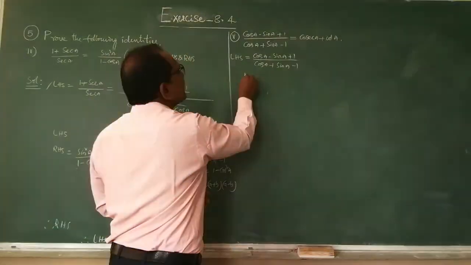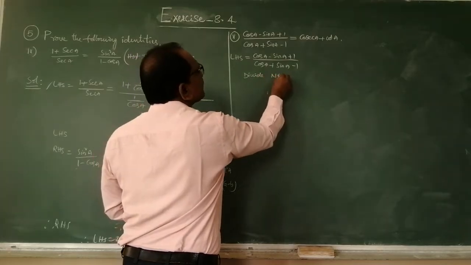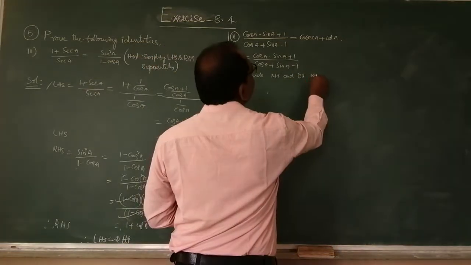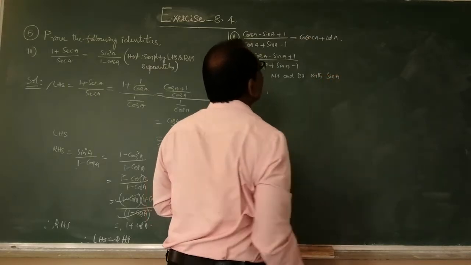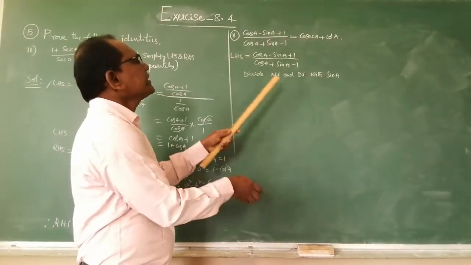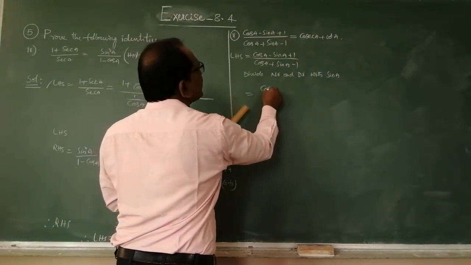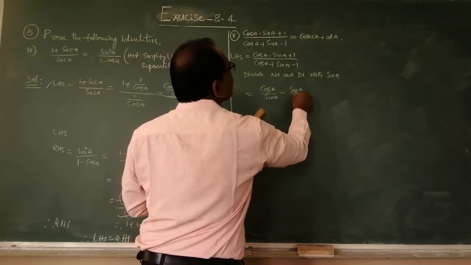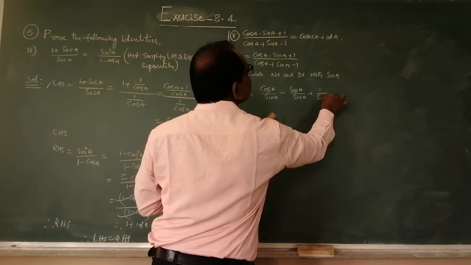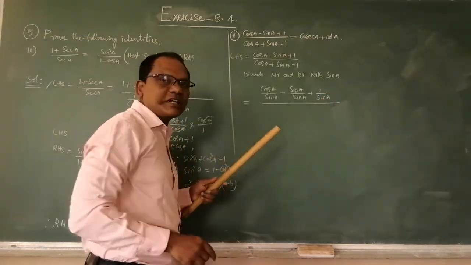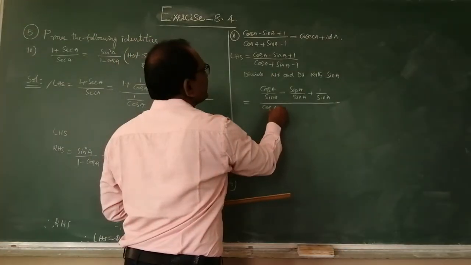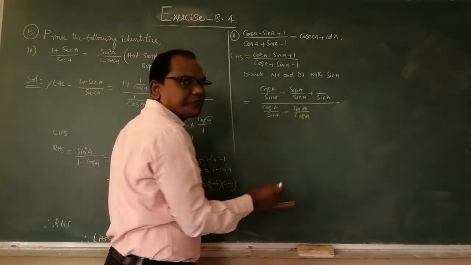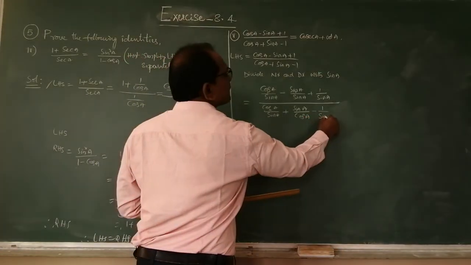We have to divide the numerator and denominator, the complete numerator and denominator, with sin A. Therefore the numerator is cos A by sin A minus sin A by sin A plus 1 by sin A. The denominator is cos A by sin A plus sin A by sin A minus 1 by sin A.